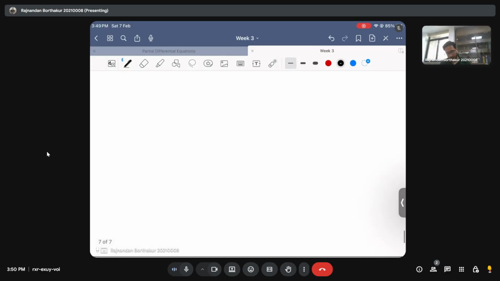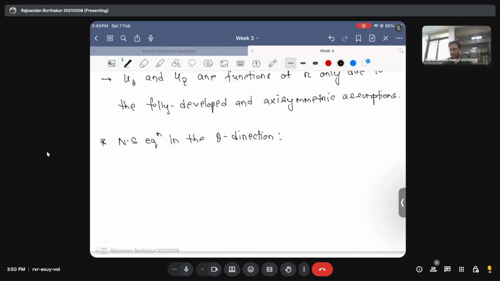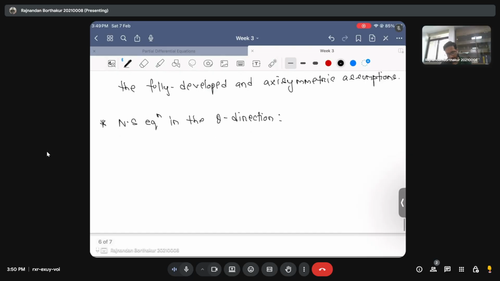This is a little bit of a big equation, meaning that in cylindrical space we actually encounter certain additional terms. Please bear with me till I write down the entire equation.